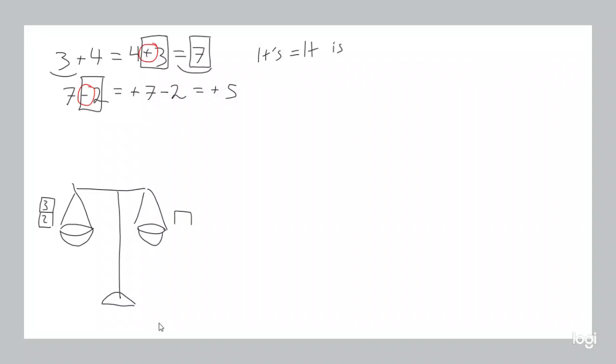Well, that's the same as putting a weight that is 5 pounds. Adding 3 pounds to the scale and then adding another 2 pounds to the scale, that's the same as adding 5 pounds to the scale. Or we can write that in short form. Without the leading positives, 3 plus 2 equals 5.